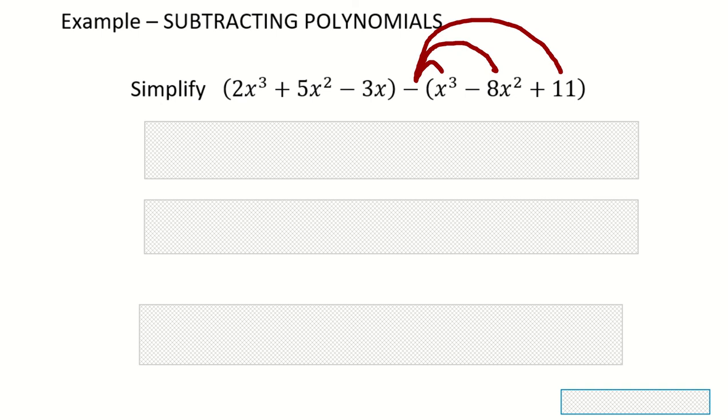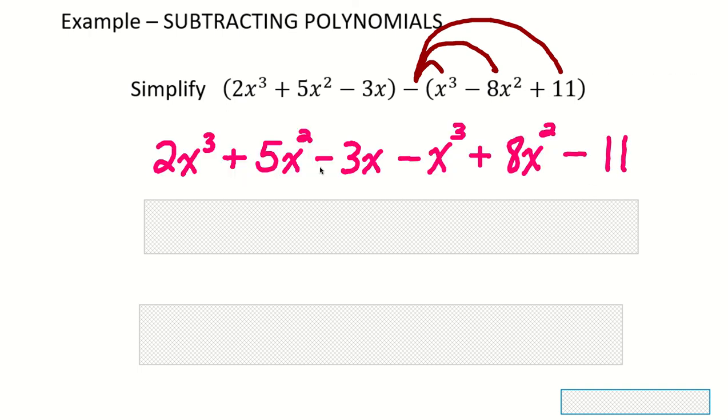This is going to become a negative x cubed. This is going to become a plus 8x squared. And this is going to become a minus 11. See that? These terms didn't change because it's really just a positive 1 technically. But this became minus x cubed, or x to the third, plus 8x squared, and then minus 11.